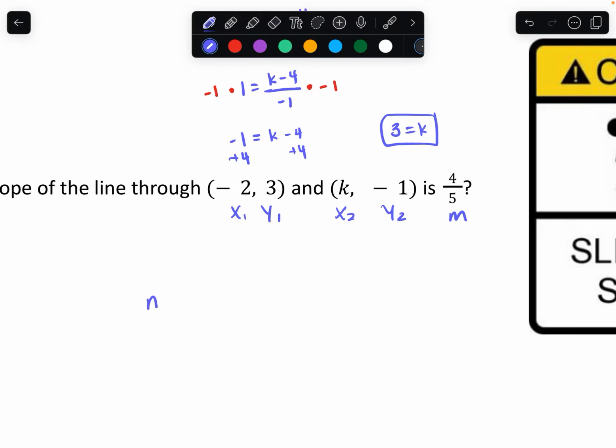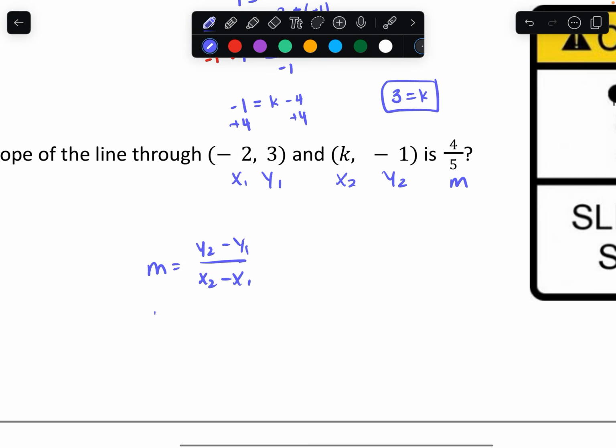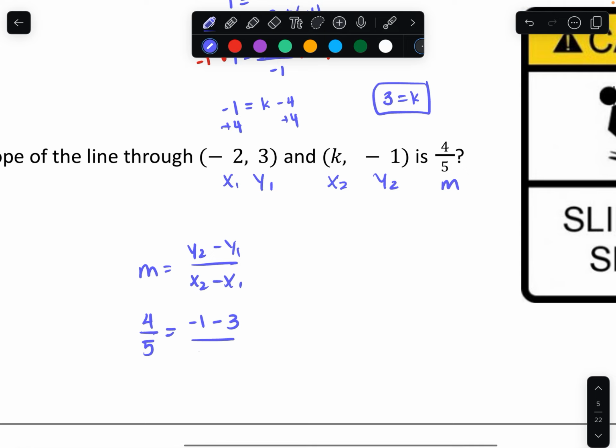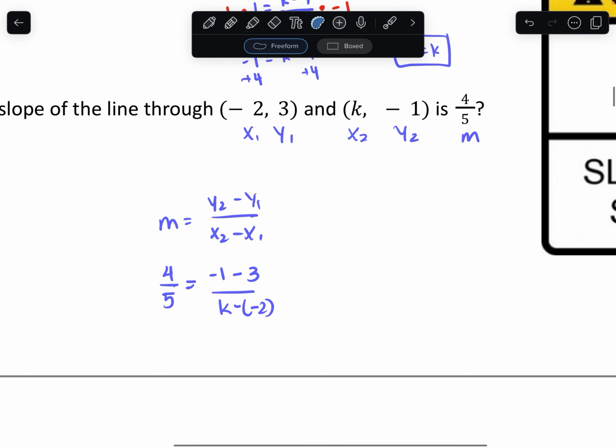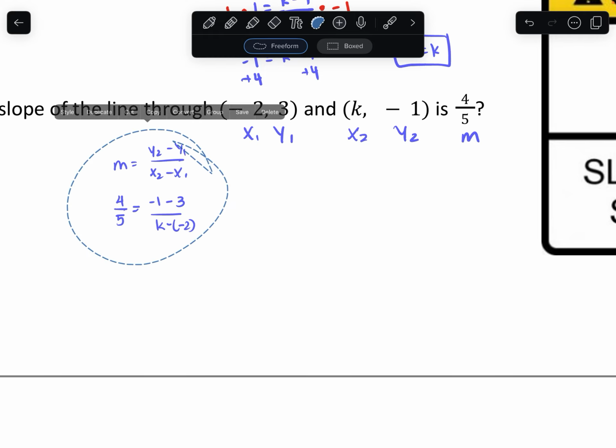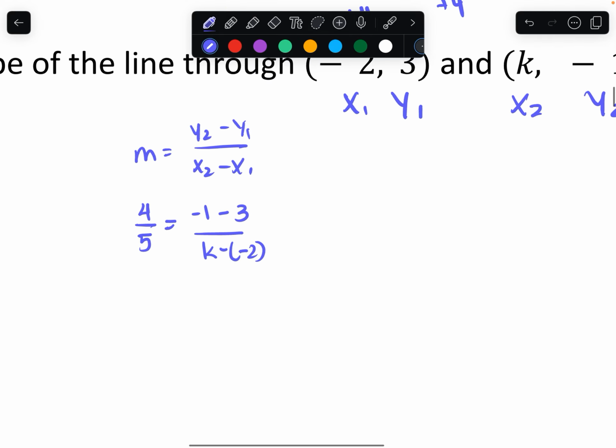So I have m equals y2 minus y1 over x2 minus x1. m is 4 over 5, so 4 over 5 equals y2 is -1, y1 is 3, all over x2 is k, x1 is -2. So let me simplify this as well. -1 minus 3 is -4 over k plus 2. Hopefully you were able to get to this part right here.